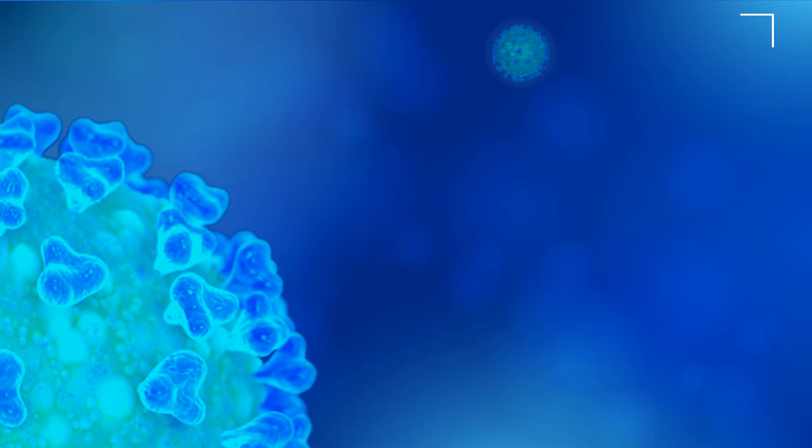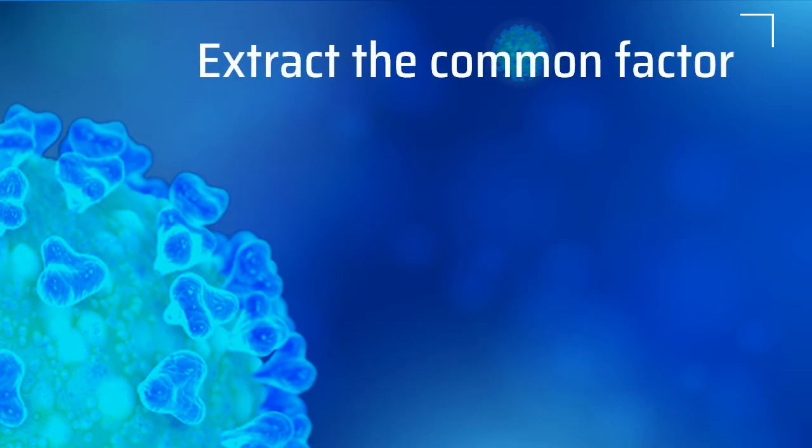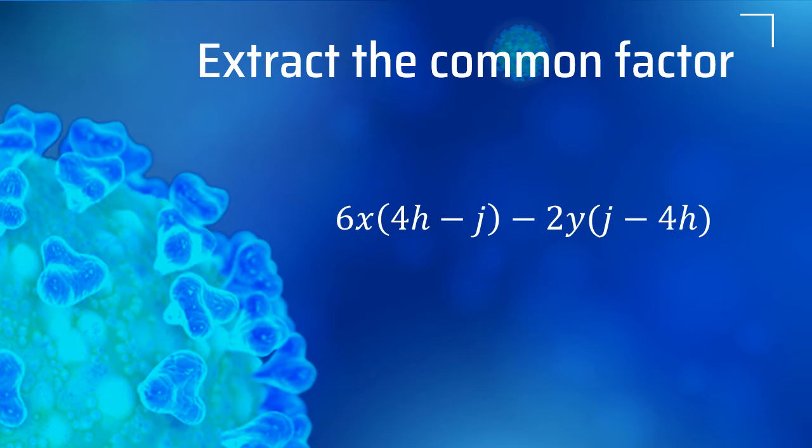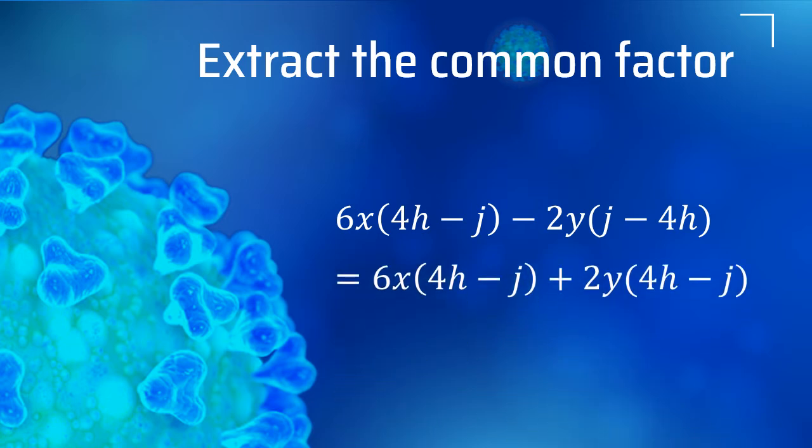We go to the last step. Again, extract the common factor. So 4h minus j, move it outside. It becomes like this. Are we finished? No. Why?